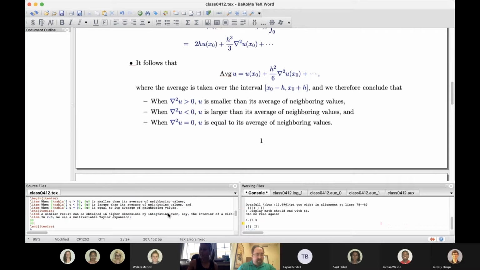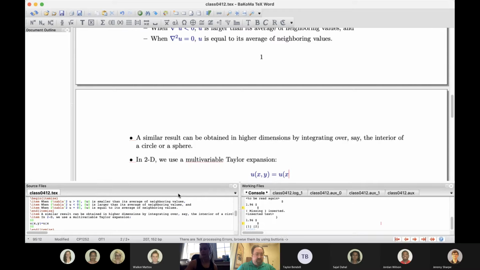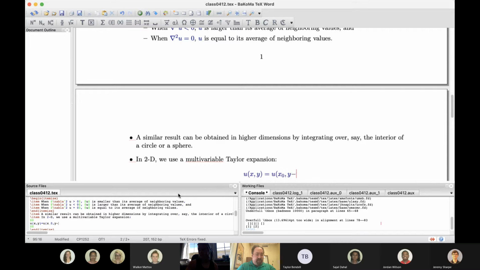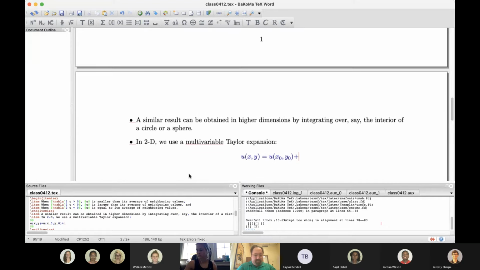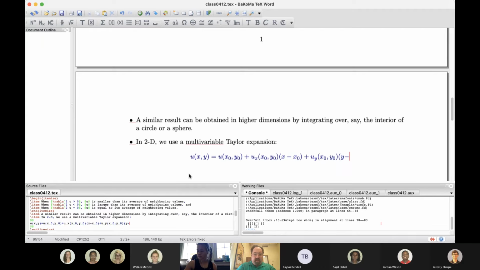Okay, so in 2 dimensions, I have u at some point x y, and I choose a center for my Taylor expansion. Depending on what class you've taken, you may not have seen a multivariable Taylor expansion before. So what we get is du dx times the change in x plus du dy times the change in y.